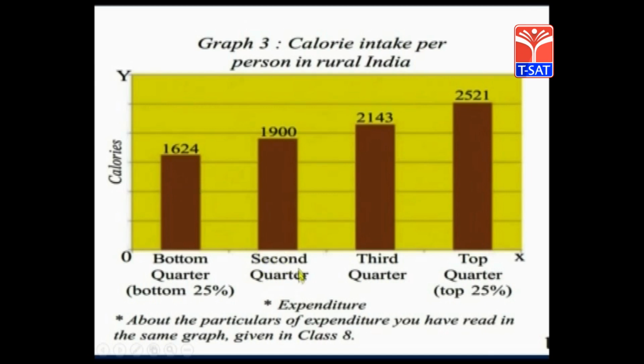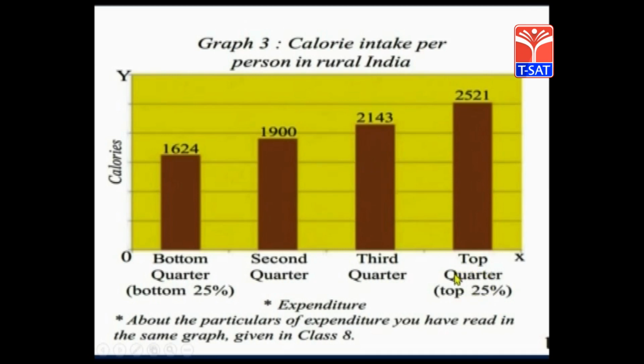Then the second quarter, the lower middle class people, consume only 1900 kilocalories, which is also less than the standard. Then the third quarter, the upper middle class people, consume 2143 kilocalories, also less than the standard.